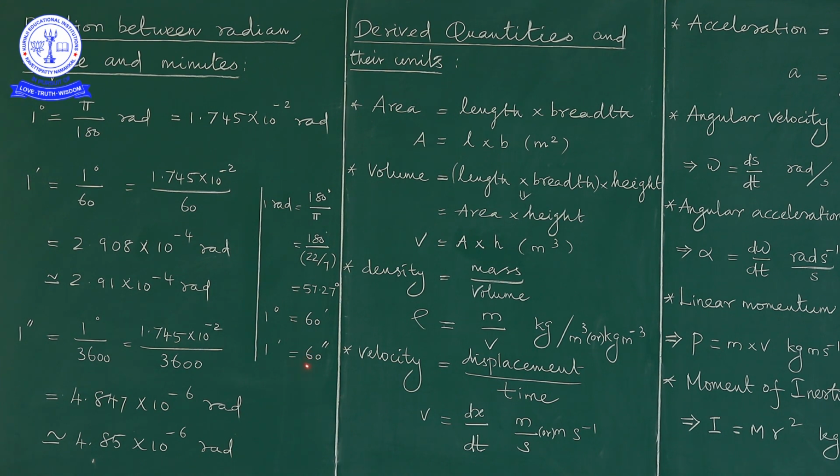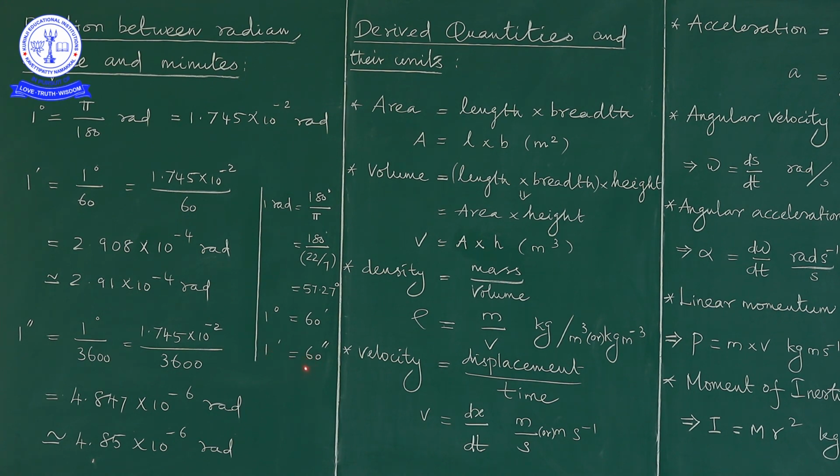How we are able to express these things: in the same clock the lengthened hand and the shortened hand, that means the minute hand, hour hand as well as the second hand are present. So here 1 minute is equal to 60 seconds.